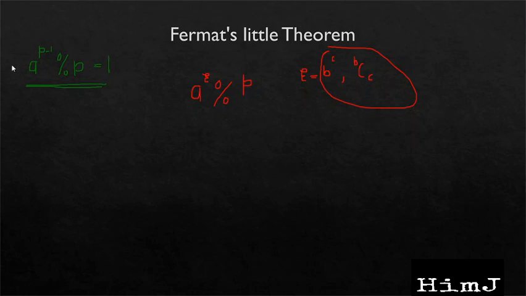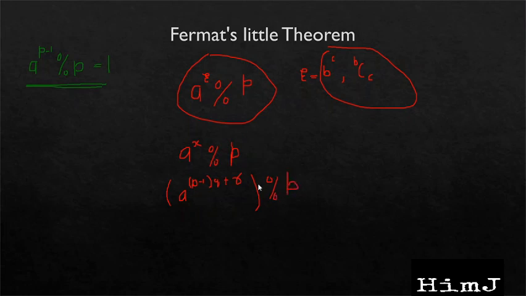So now let's see how we can use this to solve this problem. Let's say e evaluates to some value x. So we can write this as a raised to power x. Now this x can be written as some multiple of p minus 1 plus the remainder, which is given by the modulo operator.